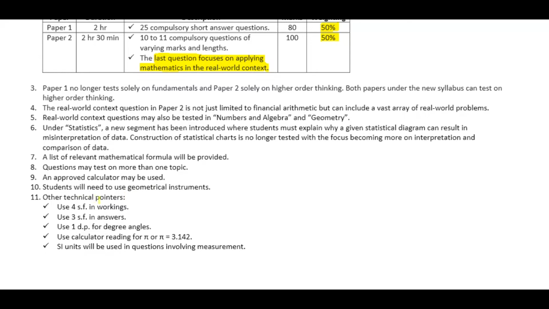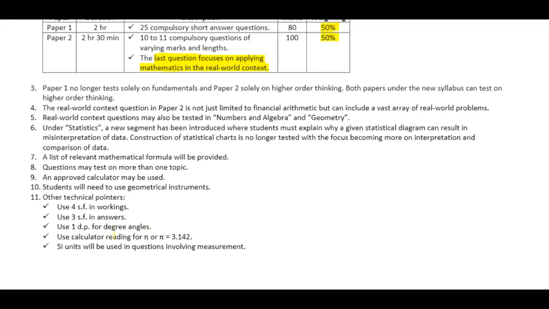Other technical pointers include that in the workings you should use up to 4 significant figures so that in the final answers you can round them correctly and accurately to 3 significant figures. For degree angles, you round them to 1 decimal place.